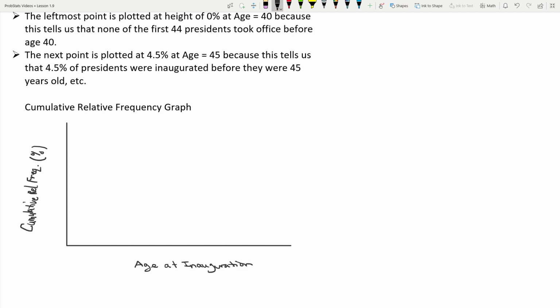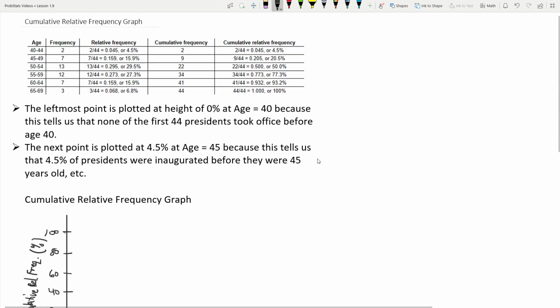All right, so starting at 0 here, we're going to build our way all the way up to 100, since the cumulative frequency adds up to 100 in total. So we got 0, 20, 40, 60, 80, and 100. For our x-axis, this is where we use our data values over here. So we're going to be using 40, 45, 50, and so on.